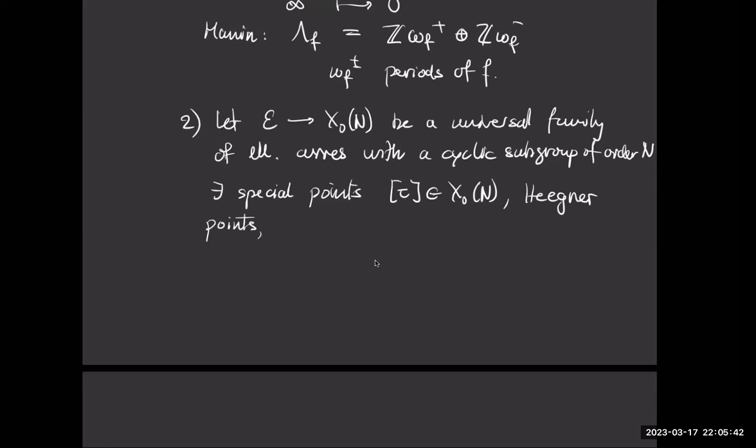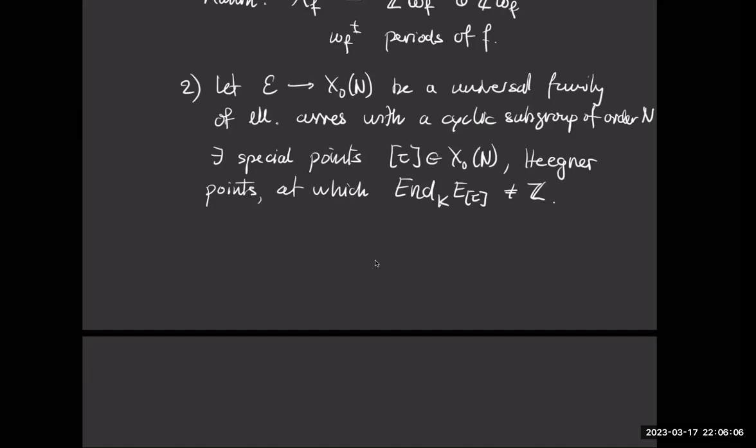for which the fiber E over the point tau has an endomorphism ring over a number field which is bigger than the integers.